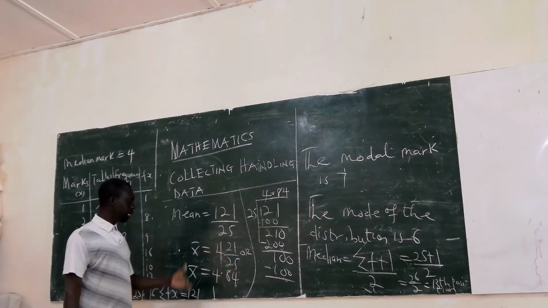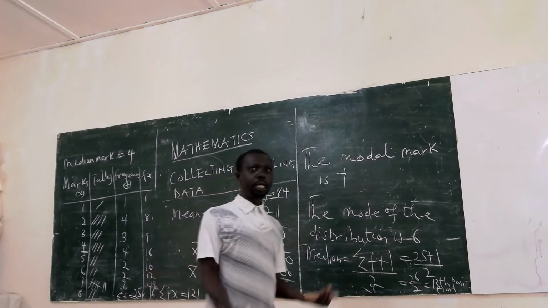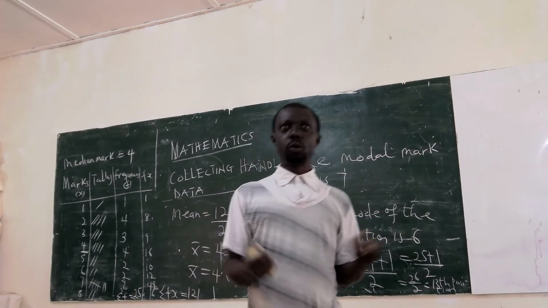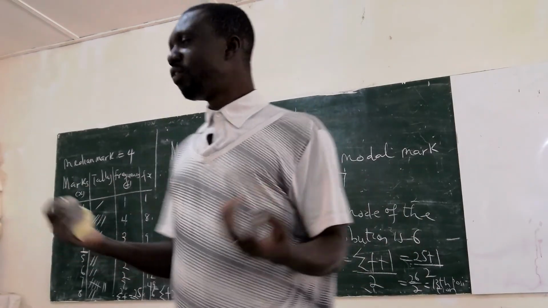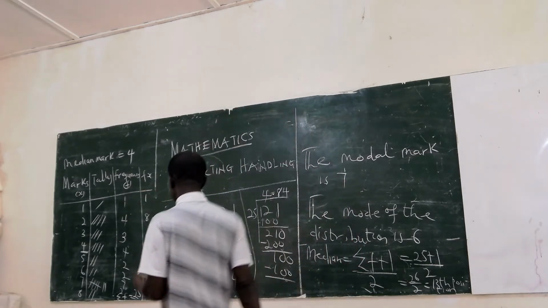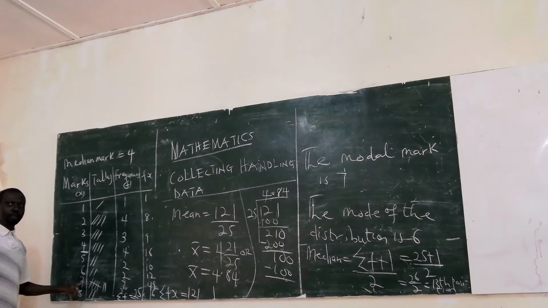And they said that you should use the table to find the modal mark. What is the modal mark? The modal mark is the mark which has the highest frequency. In the table, the mark with the highest frequency is 7, because 7 appears 7 times in the raw data.